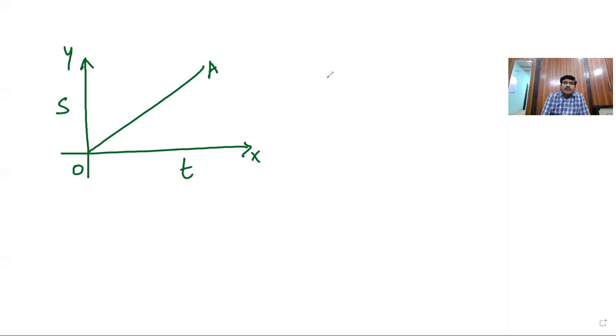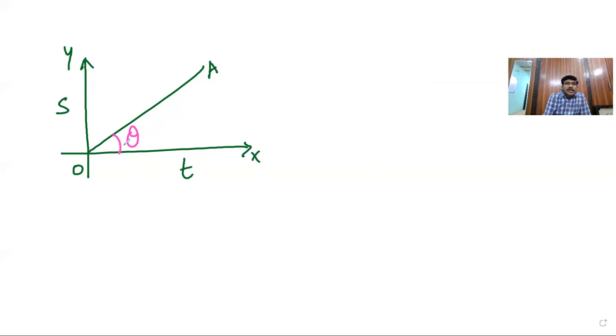Now, let us say this OA line is making an angle theta with respect to the positive x-axis. Be careful about the word.